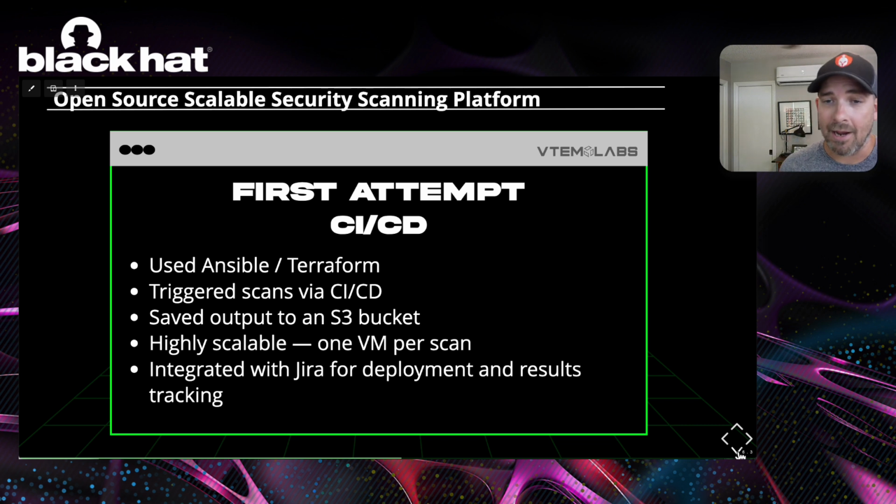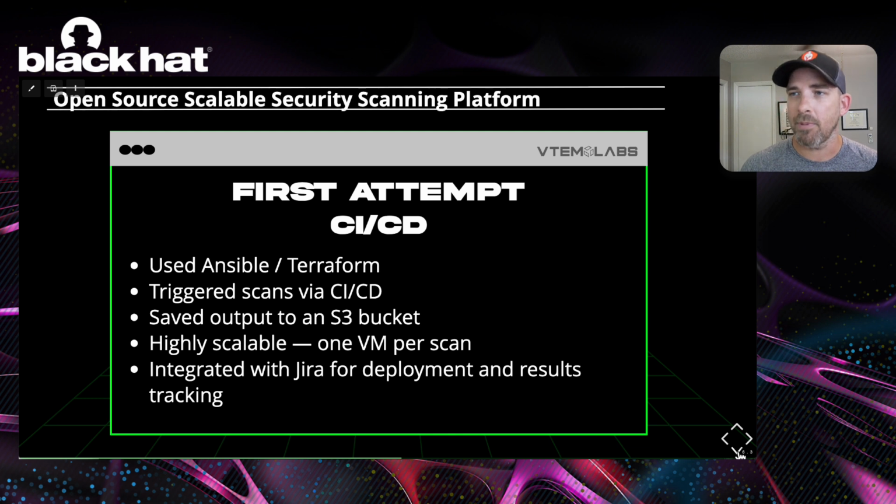My first attempt at trying to solve some of these problems was to build some kind of CI/CD pipeline to run these scans on a large group of customers. I decided to use Ansible and Terraform because those were both two software stacks that I understood, and they could solve the deployment and the execution problem. The way it works is I would trigger a scan via CI/CD.